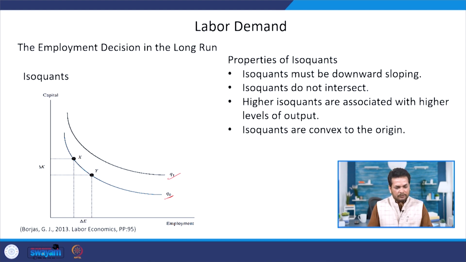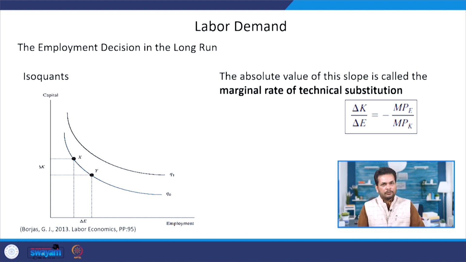Now, if we want to find the slope of these isoquants, what exactly happens when the firm moves from point x to point y? The firm is substituting this much capital by this much labor in order to produce Q0 level of output.